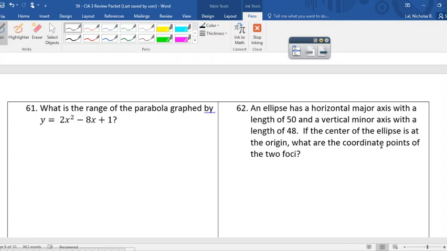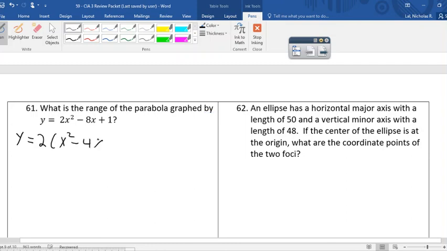So what we can do here is factor out a 2, so we can rewrite this as y equal to 2 factored out of x squared minus 4x. And then we close our parentheses, and we're still adding 1.